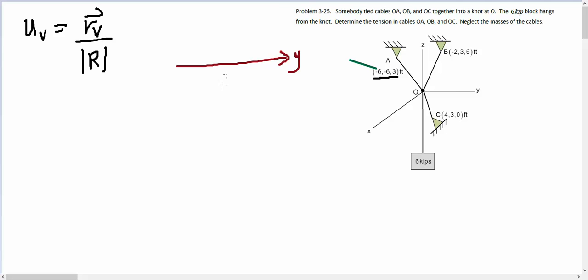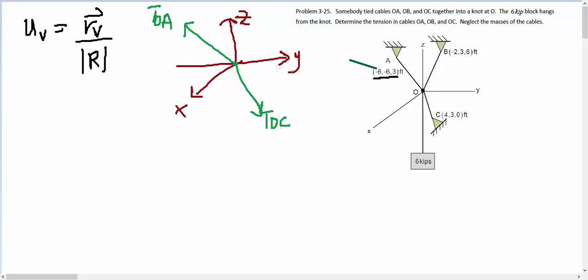This is the y, x, and z. So over here we have tension OA. Here we have tension OC. And over here we have tension OB. We also have a force going down with 6 kips.